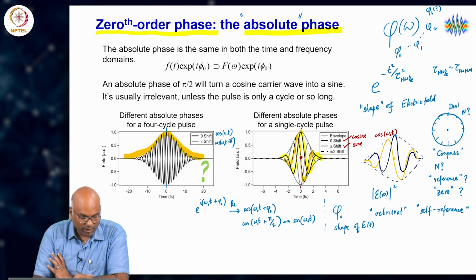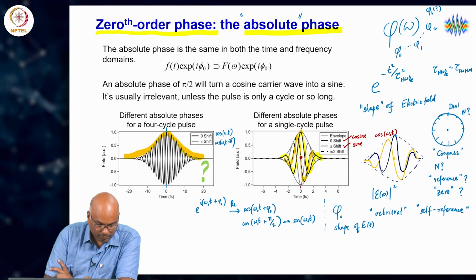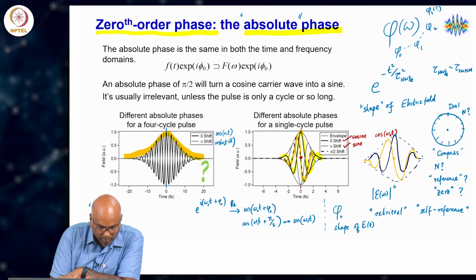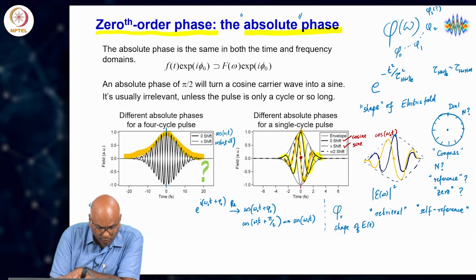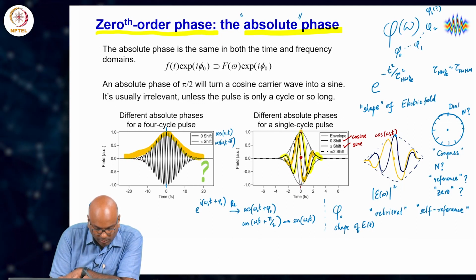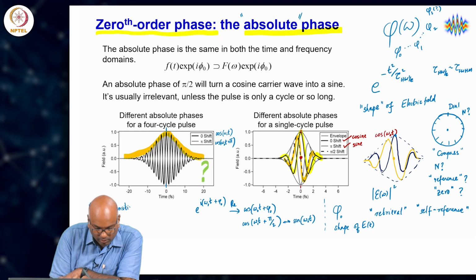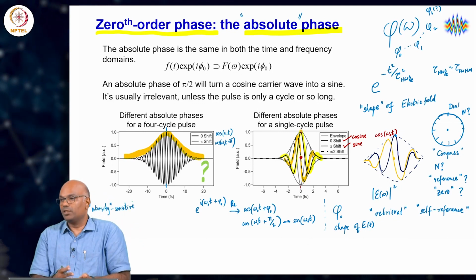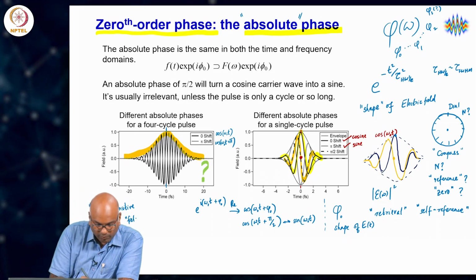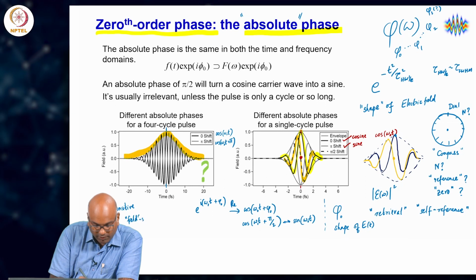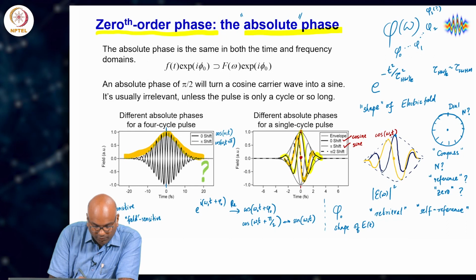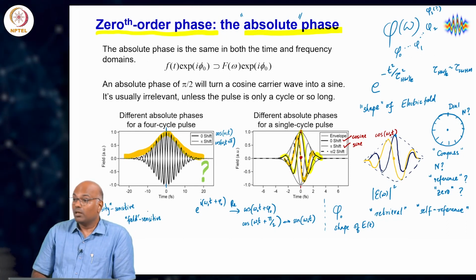So therefore we must distinguish measurements from the perspective of being phenomena that are sensitive to density variations, intensity, power, energy, versus sensitivity to the field that is underneath this envelope.